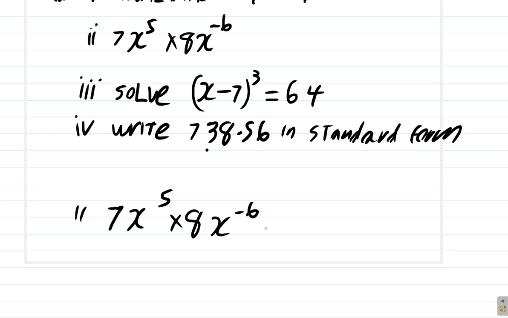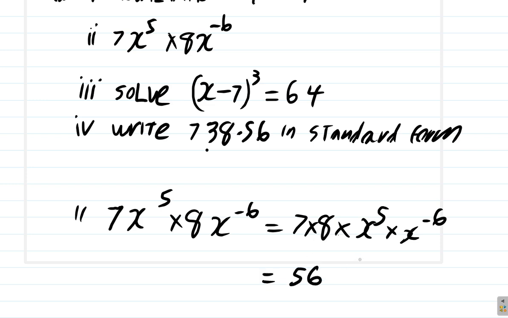Let us put like terms together, numbers with numbers, x's with x's. So what we have is 7 times 8 times x to the 5th power times x to the negative 6th power. Now here, 7 times 8 is 56, so that's 56.